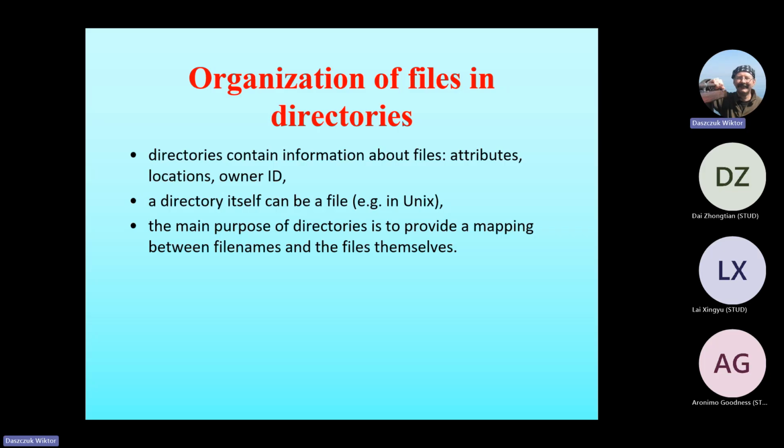In modern solutions, catalogs are files themselves, with special treatment only. But formerly, there were solutions in which catalogs were just separate beings. And the main purpose of directories is to map between symbolic names and locations on the disk.